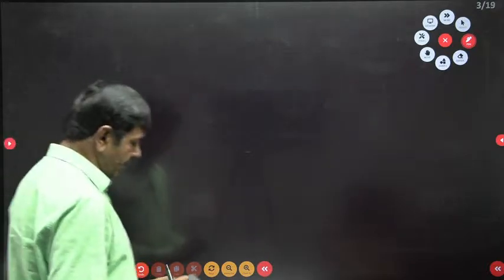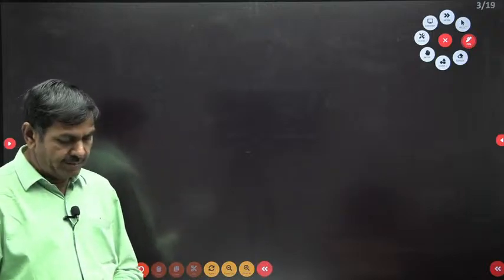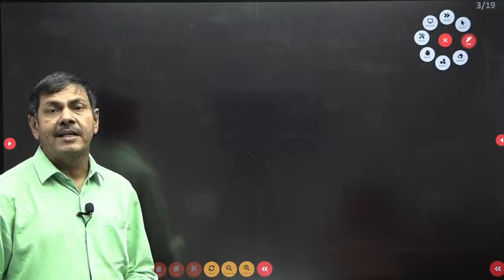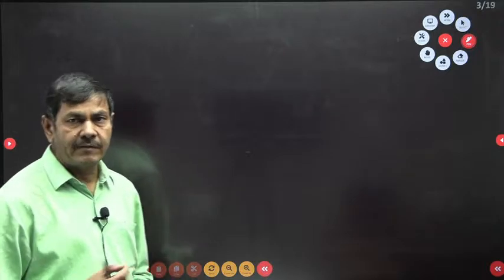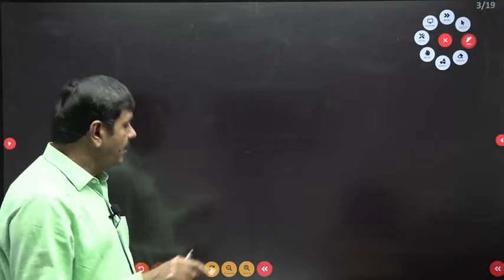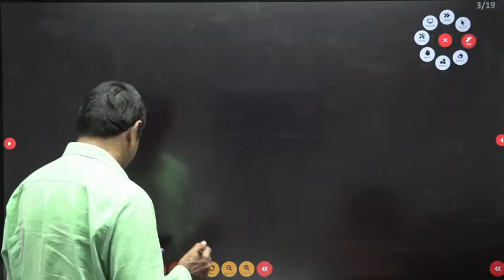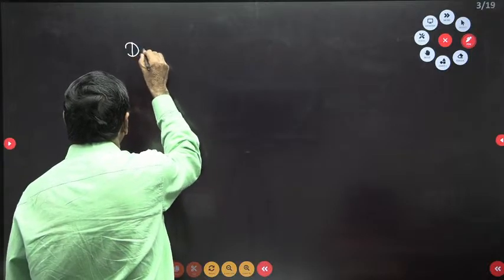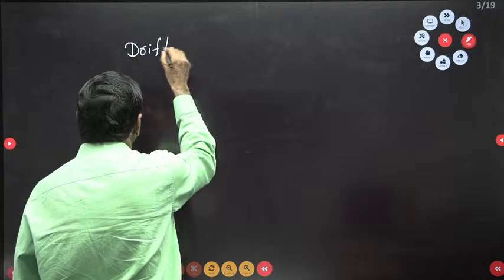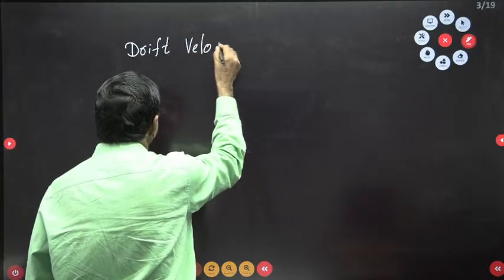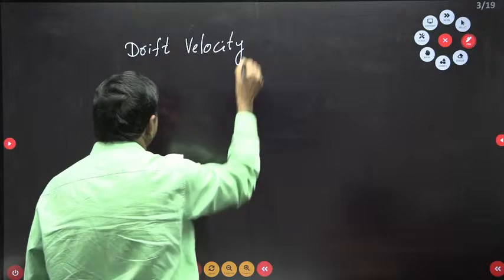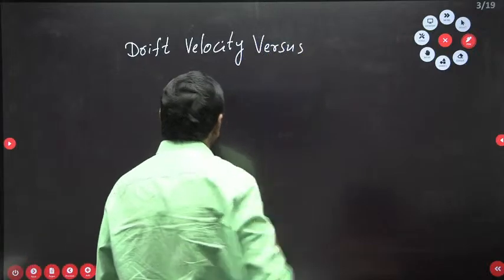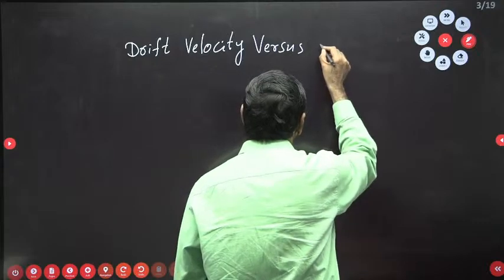This is the thermal equivalent of voltage, it will be useful if you want to find it out. Still one more is required, the electric field intensity versus drift velocity curve. I want to give the graph of drift velocity versus electric field intensity.